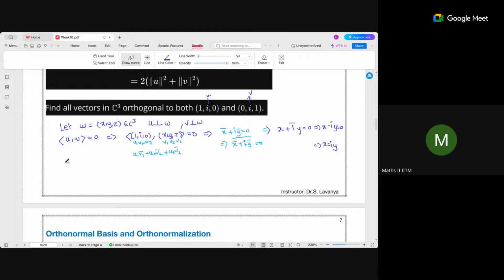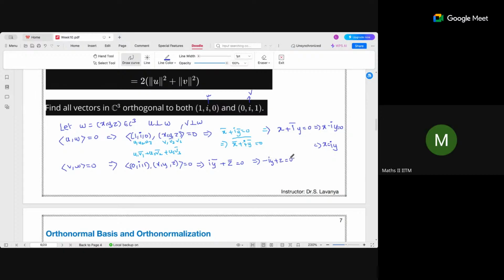Okay. Similarly, what is the inner product of v and w? Here v is 0 comma i comma 1, and w is x comma y comma z. So this again gives you minus i y bar plus z bar equal to 0, which implies minus i y plus z equal to 0.